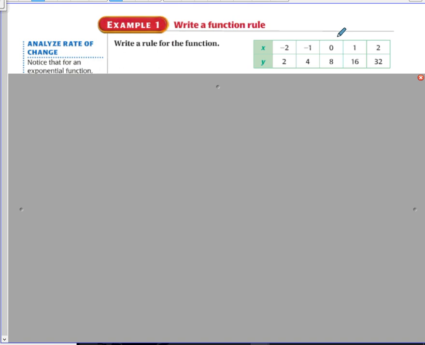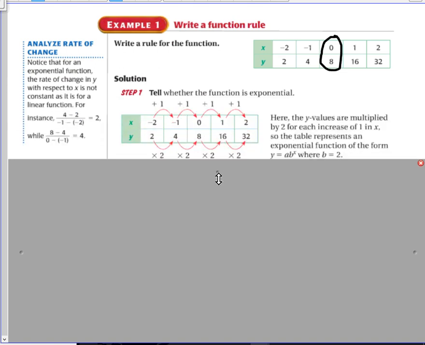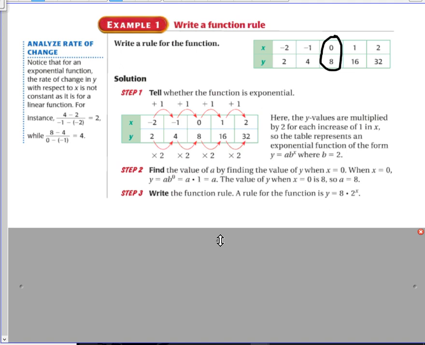Right away, I want you guys to focus on this aspect right here. Whenever x is 0, the y value is going to be very important to us. I'm going to break this down and show you all the steps. Because when the x is 0, the y value that appears, so in this case 8, is going to be our a.